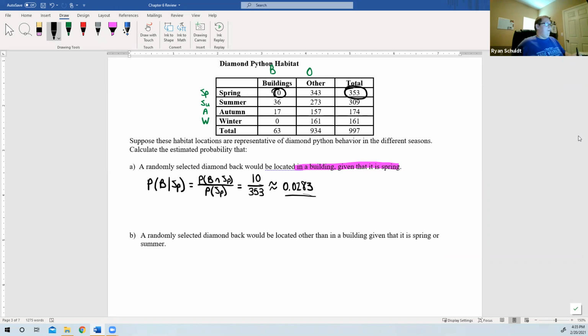Okay, B: a randomly selected diamondback would be located other than in a building, given that it's spring or summer. This one's getting a little more complex.